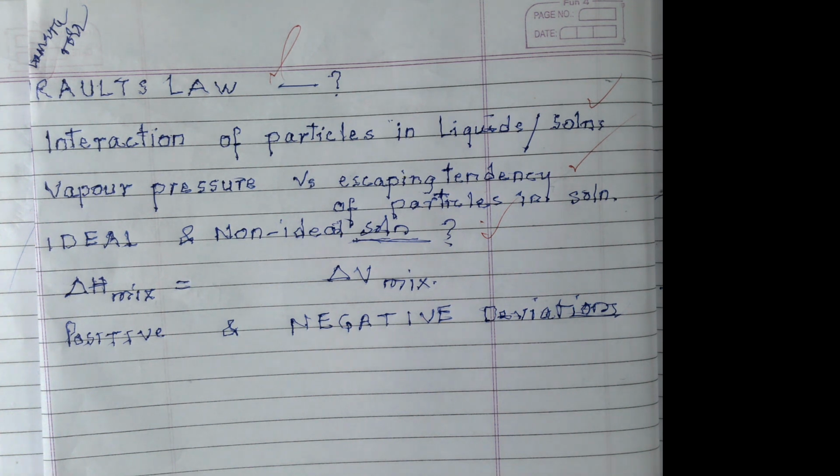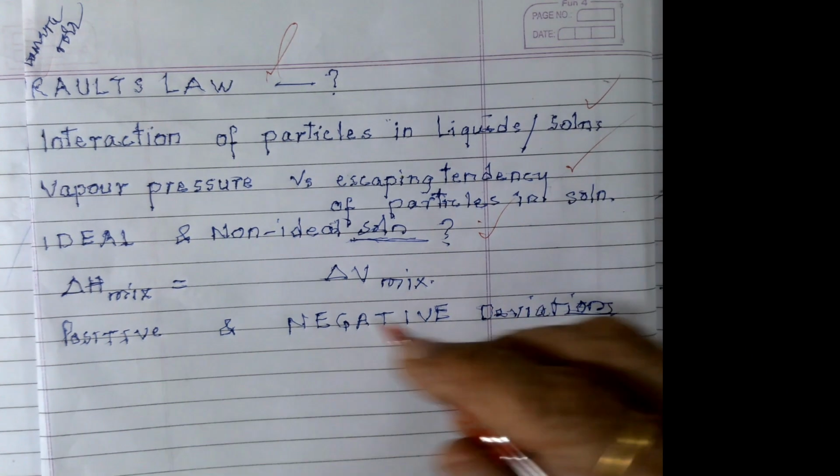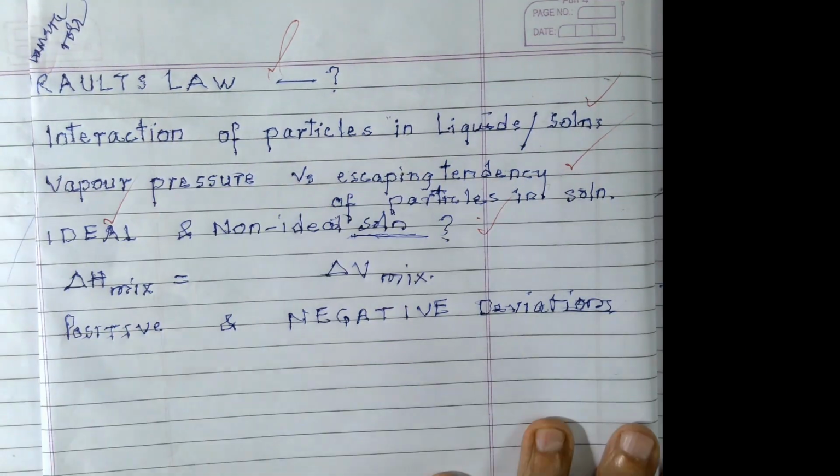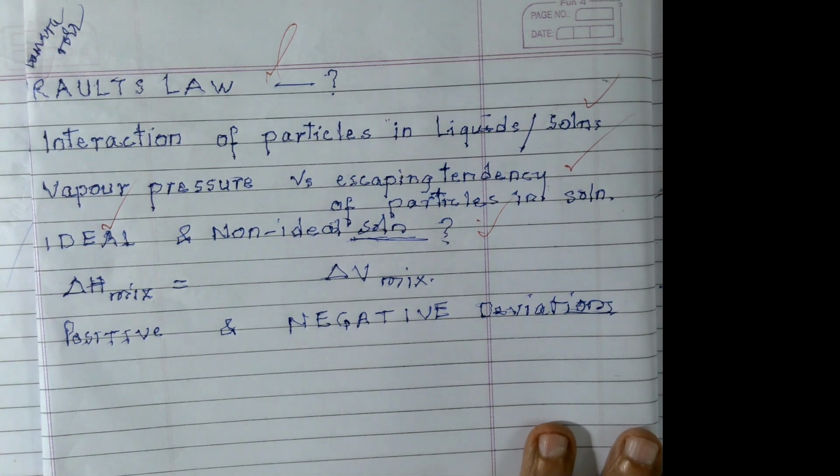So the liquid contains three different interactions, and if the AA, BB and AB interactions are similar, we call it an ideal solution.